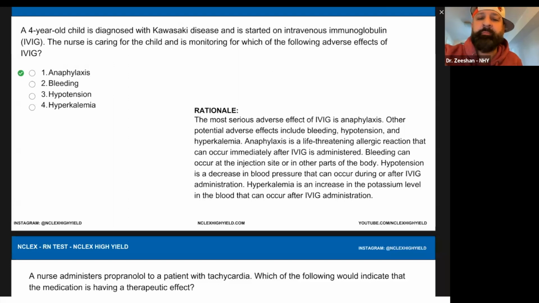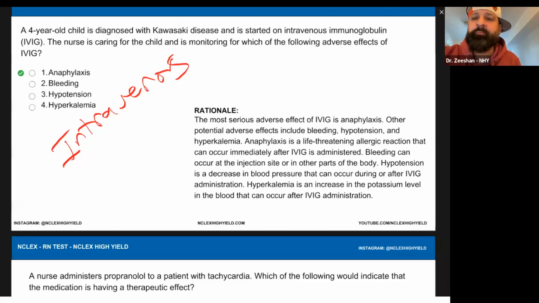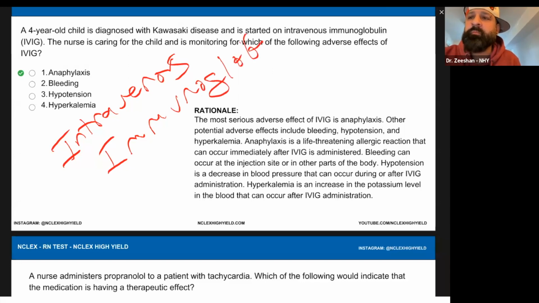Let's break that down. Intravenous immunoglobulin, right? So I'm giving them an immune system, an exogenous immune system.